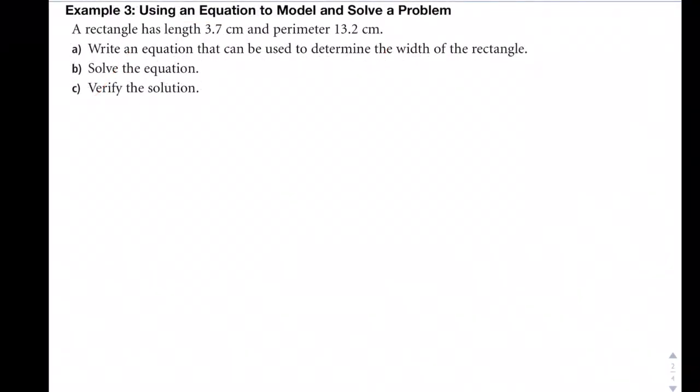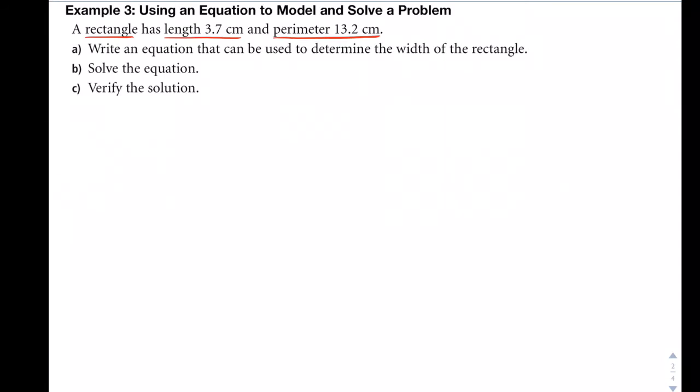Okay, so last example, we have kind of a problem, but we're going to use an equation to model the problem and then to solve for the unknown. It says a rectangle has a length of 3.7, so keep in mind it's a rectangle, and a perimeter of 13.2 centimeters. You need to keep in mind that perimeter is the outside length of the shape.